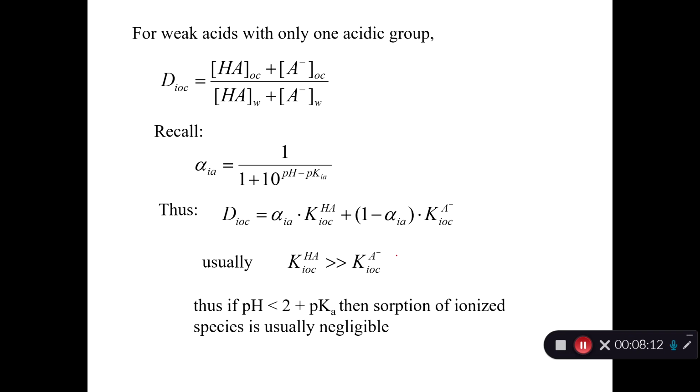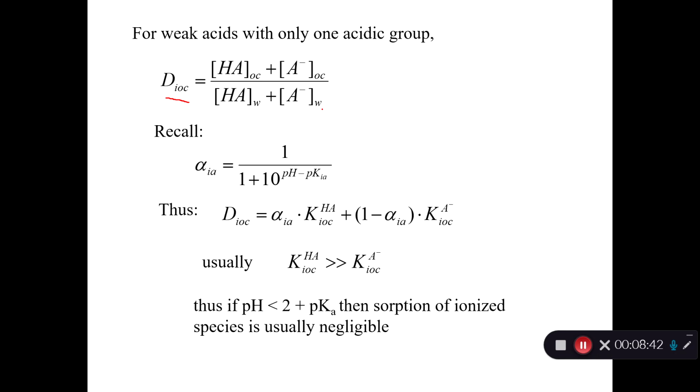So for acids, for example, we could define a distribution coefficient. Instead of KOC, we could have DOC. And we could think of this as the concentration of the neutral form in the organic carbon plus the concentration of the anion form in the organic carbon, divided by the concentration or mass of the neutral form in the water plus the concentration or mass of the anion in the water.